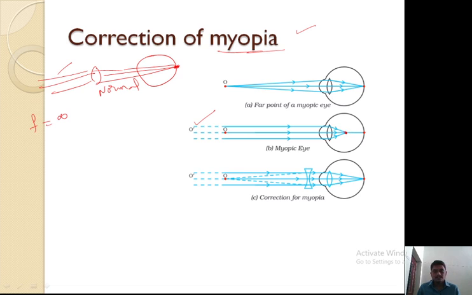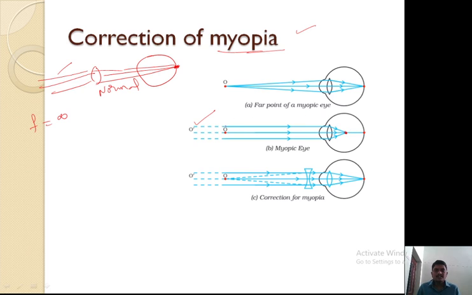Whenever the light rays fall exactly on the retina, only then can the person see that object clearly. But the light rays coming from a distant object are not focusing on the retina, so he will see a blurred image of that object.